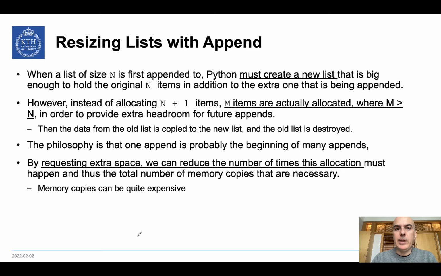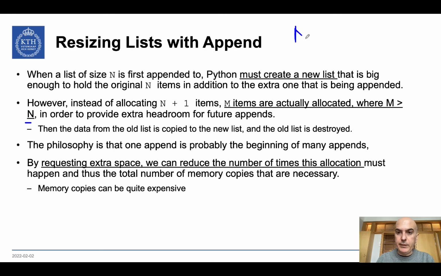However, instead of allocating the new list with the size n plus 1, where n is the size of the list and 1 is the additional element that we are going to add, Python does a trick. Instead of allocating n plus 1, more than n plus 1 elements are allocated.